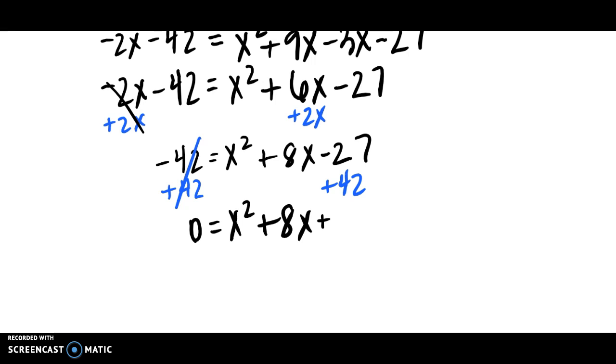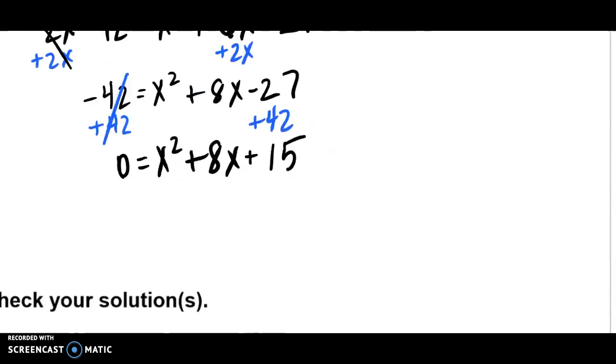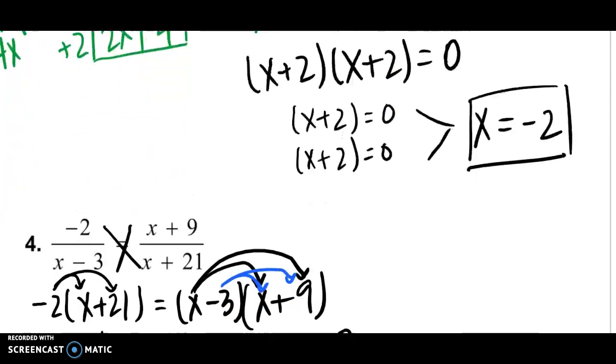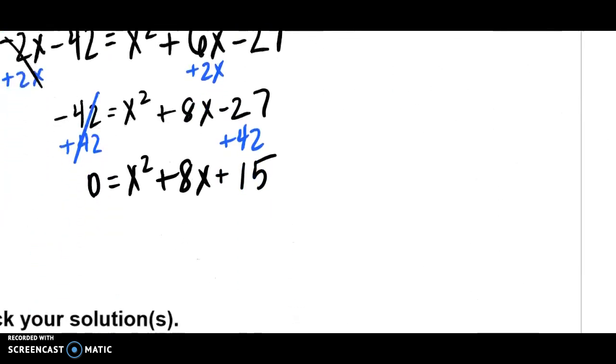So negative 27 plus 42 is going to give us positive 15. Okay, now here you can factor it like we did for number 2, or you can simply put it in the calculator and find the zeros. Our zeros are going to be x equals negative 5, x equals negative 3.